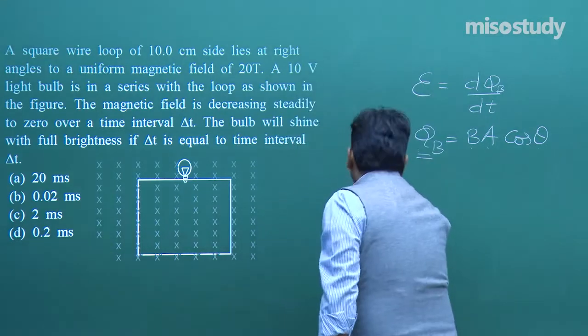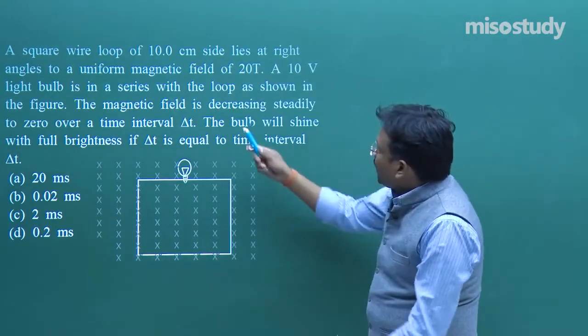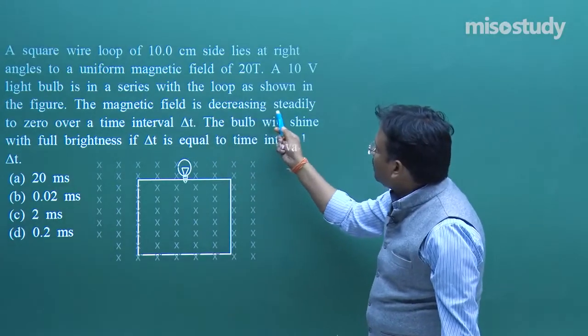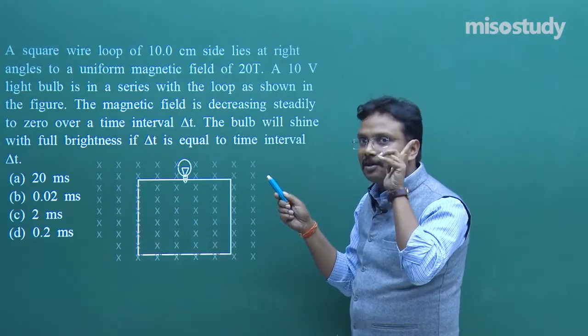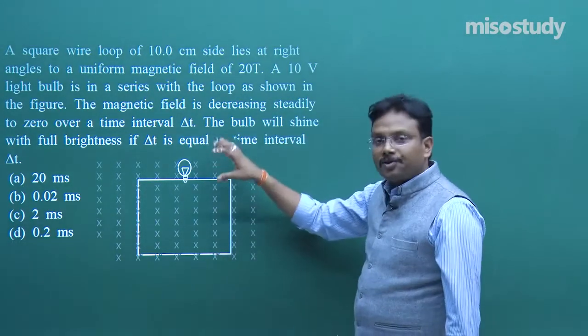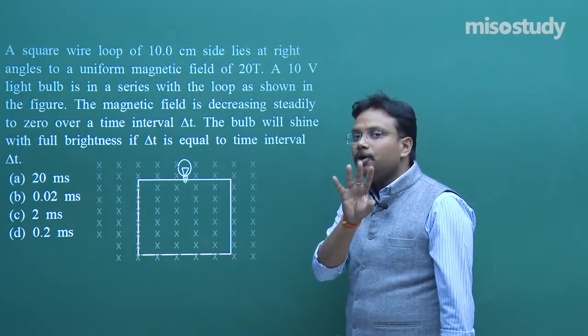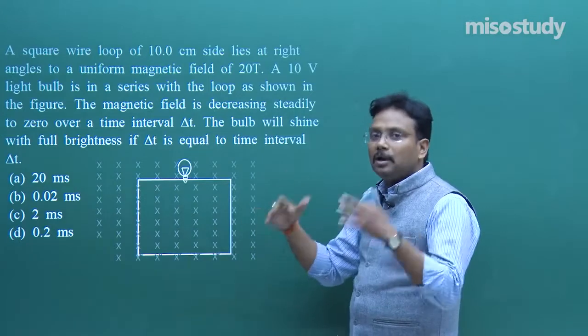Fine. So, over here it is very clearly mentioned that the magnetic field is decreasing. A is the same, theta is the same, but because B is changing, obviously some amount of induced EMF is going to be present and that will ultimately force the bulb to light up.